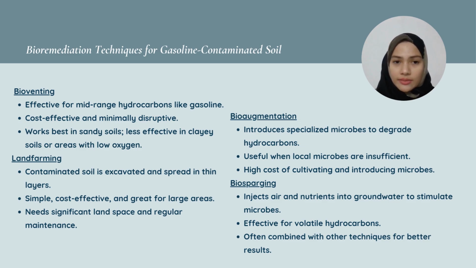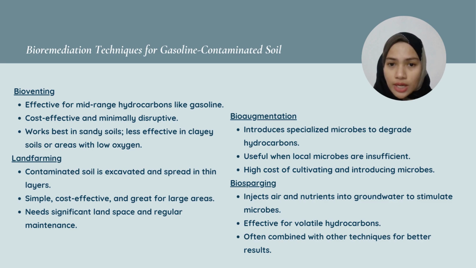Next are the bioremediation techniques for gasoline-contaminated soil. We have four. Number one is bioventing, effective for mid-range hydrocarbons like gasoline, cost effective and minimizes disruption. Number two is farming: contaminated soil is excavated and spread in a thin layer, which is simple, cost effective and great for large areas.